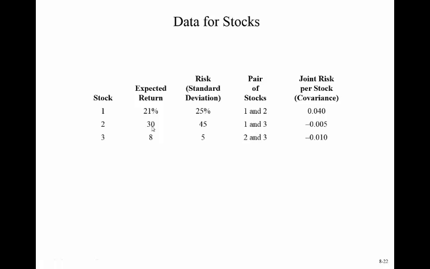These might be high beta stocks in the NASDAQ or small cap world. Whereas the third stock has an expected return of 8%, and that's something like a stodgy Fortune 100 company in the consumer goods business.